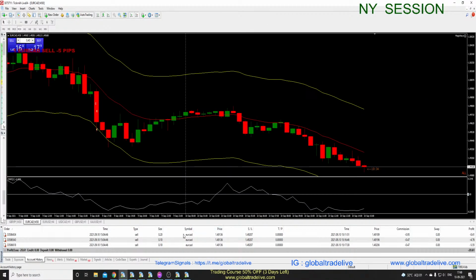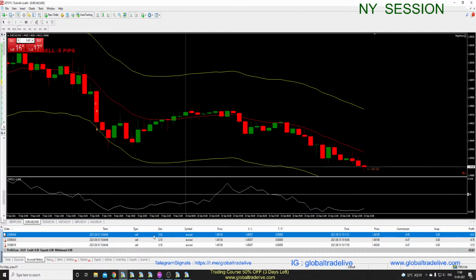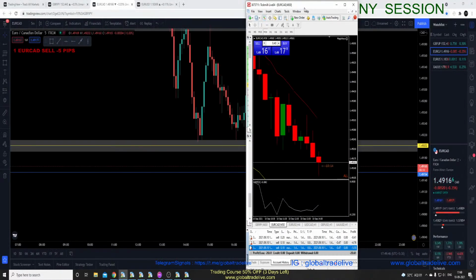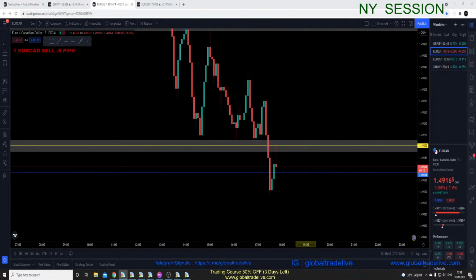Look here, closed 50% of the trade at around 4.5 pips, and closed the rest of these two trades at 4.5 pips again, and 5.5 pips. So overall a 5 pip loss over here. So if you can manage the risk and know what you are doing, then it's absolutely fine if you trade other pairs also.